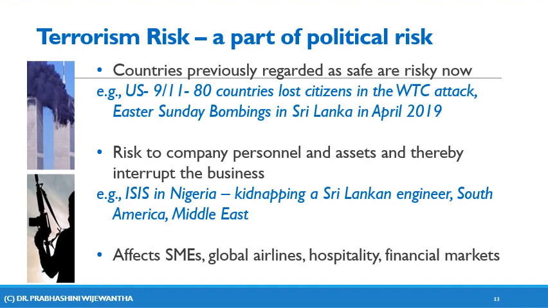Another type of risk which is largely associated with political risk is the terrorism risk. So in most textbooks, they discuss terrorism risk as a part of political risk. That is, of course, very correct in my opinion, because most of the terrorist groups and terrorist activities are politically motivated by the political parties.